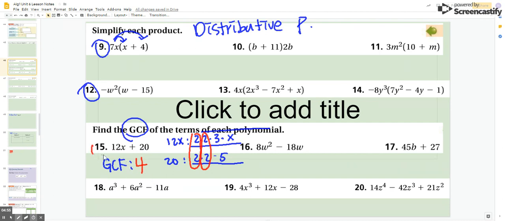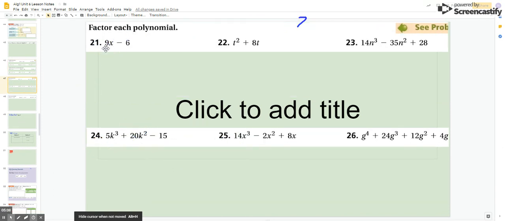So I need you to do 15 and 18. And if you look at the next slide, I need you to circle it for the classwork. If you look at the next slide, we need to factor each polynomial. But what I want you to do is use the greatest common factor.